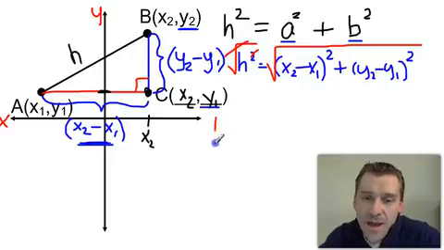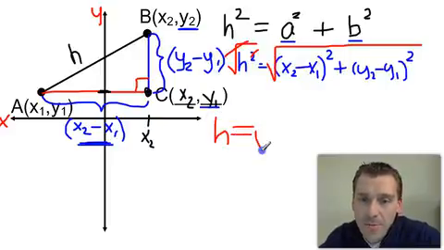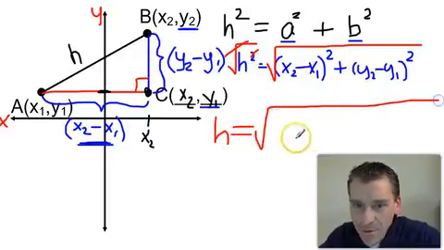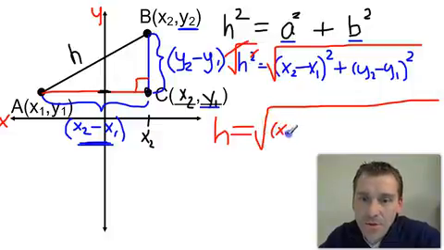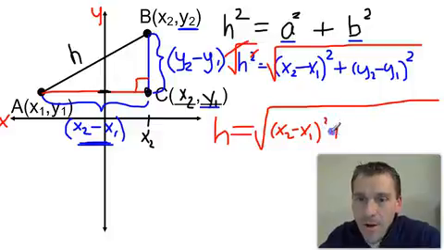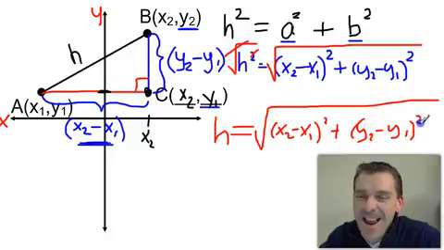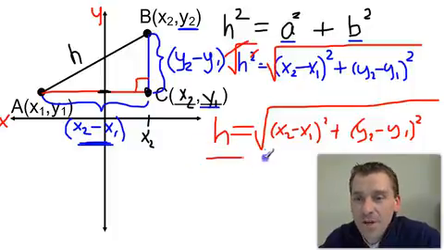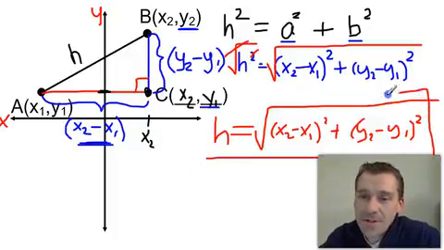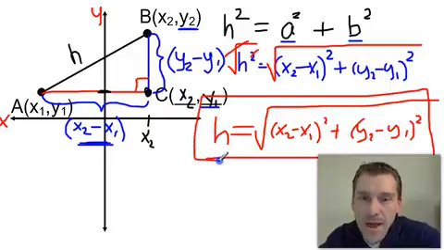And what you're left with is h, and then underneath the big old square root sign, oh, that looks familiar, it better: x2 minus x1 squared plus y2 minus y1 squared. I love it. What is that? Nothing more, ladies and gentlemen, than your friendly old distance formula. So we just derived the distance formula by using the Pythagorean theorem.